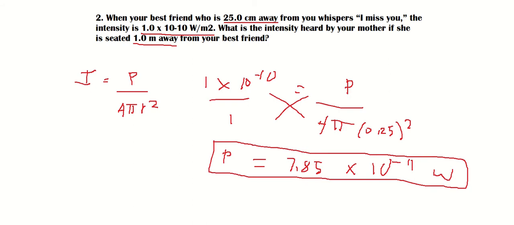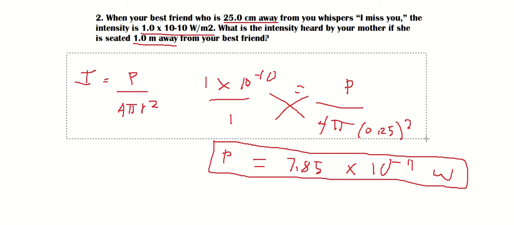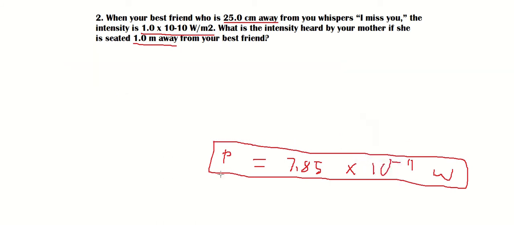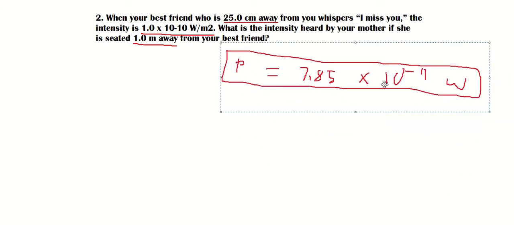Ngayon, kailangan ulit ng space para doon sa solving. So, iwan ko na lang yung value for power. Ngayon, solving na. Pinapahanap sa atin is sound intensity ng nanay kung 1 meter away.